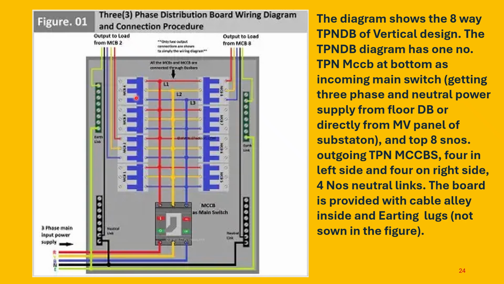This one is one MCCB connection outgoing, so like that 4 here and another 4 here, and this is the bus bar system from where the connection is taken to various outgoing switches. This system has 4 neutral bus bars, 2 on either side, each having sufficient capacity to take the wire.